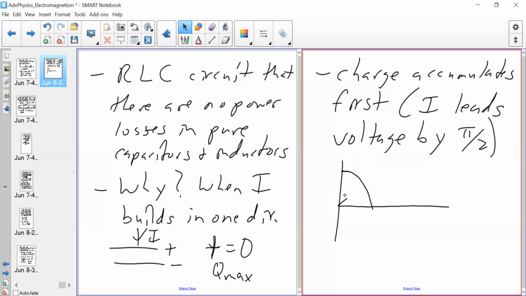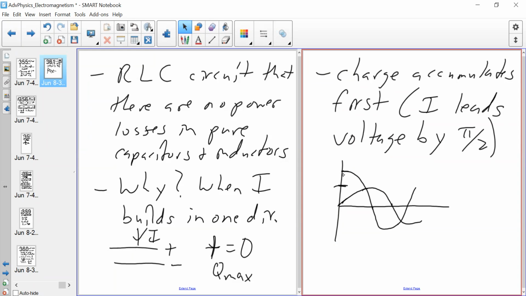And then as the voltage gets to a maximum, current is going to be at 0. When the voltage is maximum, current is minimum, and then when current is maximum, voltage is minimum. And so it just cycles through, similar to this picture here. So that just keeps on alternating.